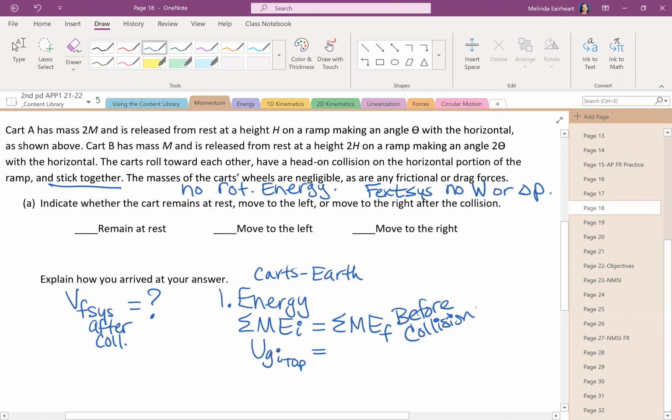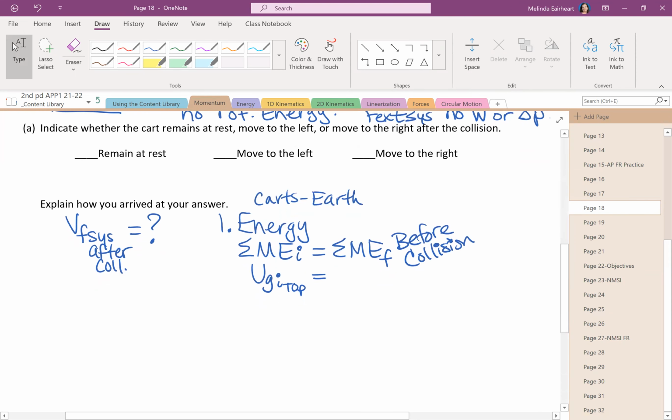These aren't necessarily required for the grader, but it's being nice to your own self so you can keep it straight, okay? So when it makes it to the bottom of the ramp, but before the collision, all that potential energy is converted into kinetic.